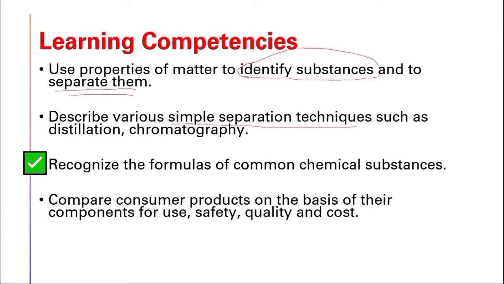And then for the last learning competency, compare consumer products on the basis of their components for use, safety, quality, and cost. I-cover natin yan sa ating performance task which I will give you later this day. Okay, so those are our learning competencies.